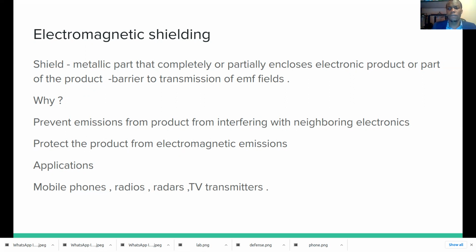So why do we really need to have a shield? We need to prevent electromagnetic emissions from our product from interfering with neighboring electronics. So if you have your phone, you don't want it to transmit something that will interfere with neighboring electronics, like a pacemaker.